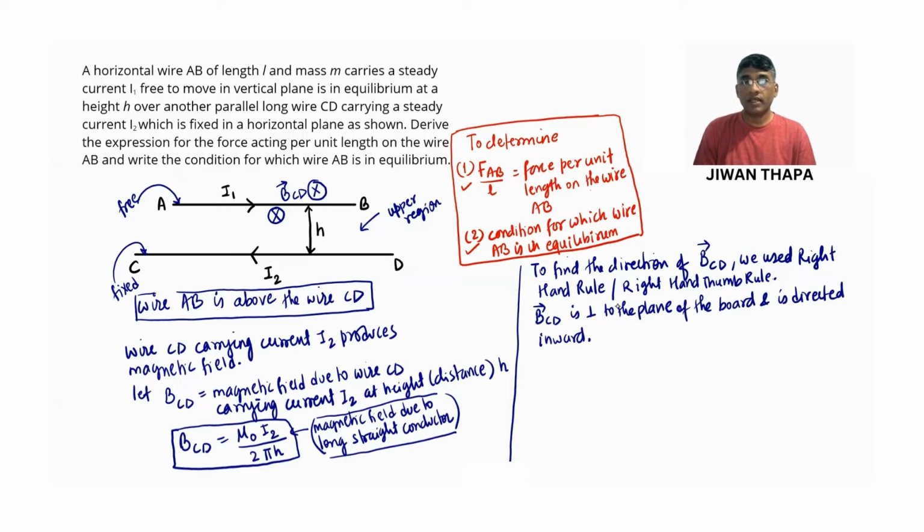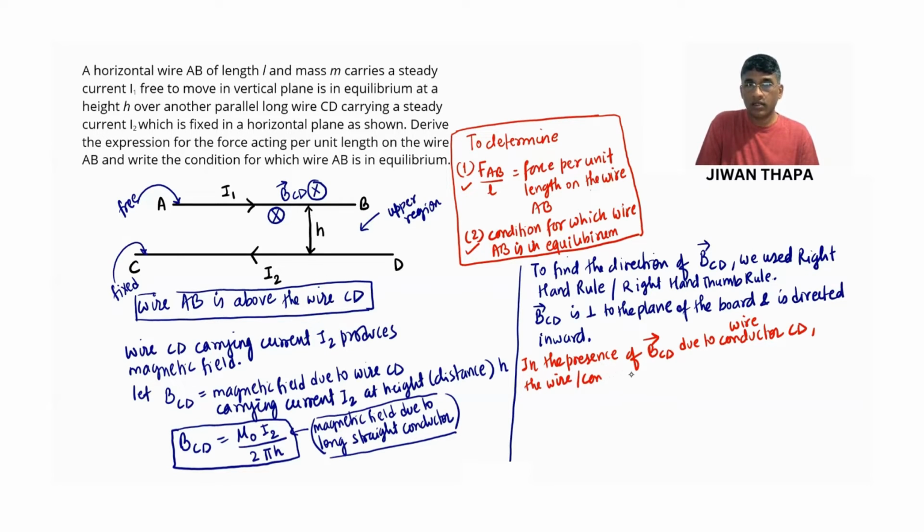Now what we find is that, in the presence of magnetic field BCD due to conductor or wire CD, the wire or conductor AB carrying current I1 experiences force.